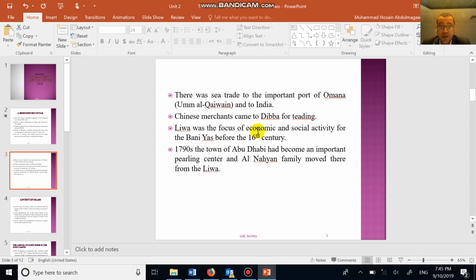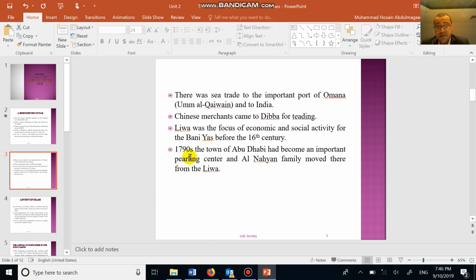Chinese merchants came to Liba for trading as well. And then Liwa was the focus of the economic and social activity for the Baniyas before the 16th century, and we'll go back to this later.